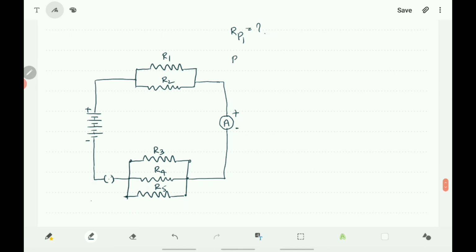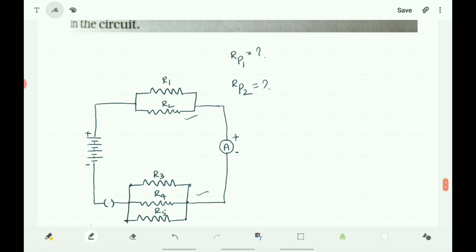So let us take that as Rp2. Next, Rp1 and Rp2, system 1 and system 2, are connected in series. Again we have to find Rp1 plus Rp2 as there is a series connection.